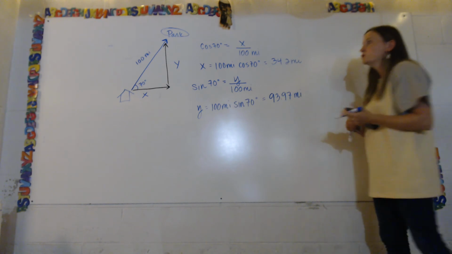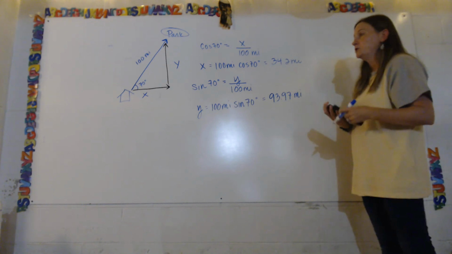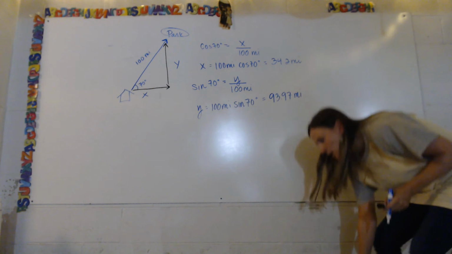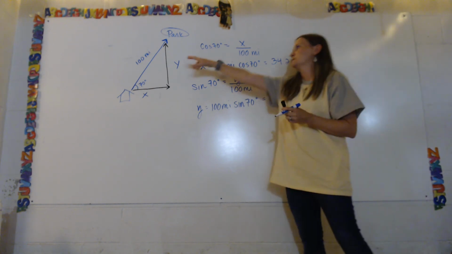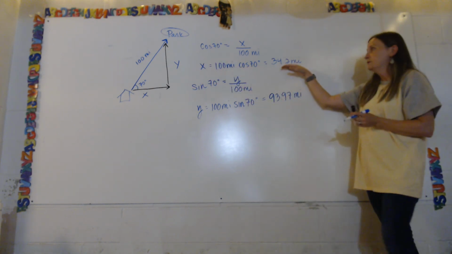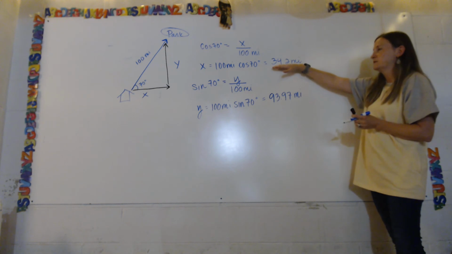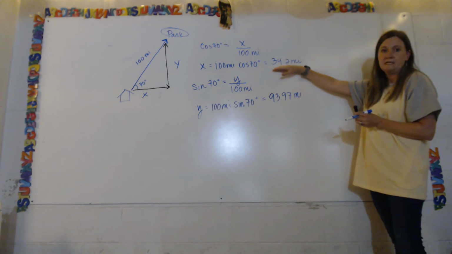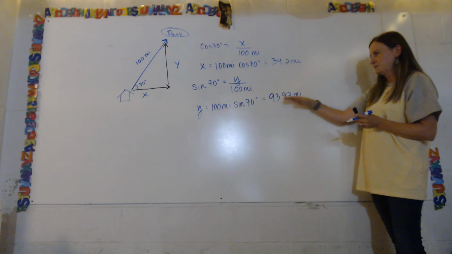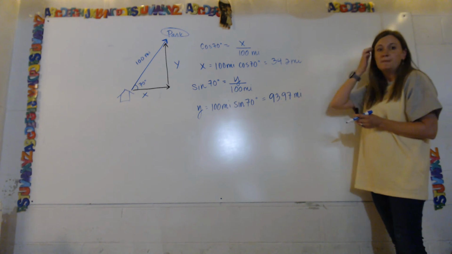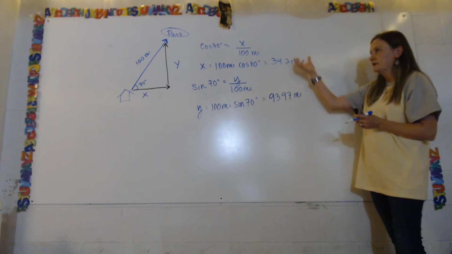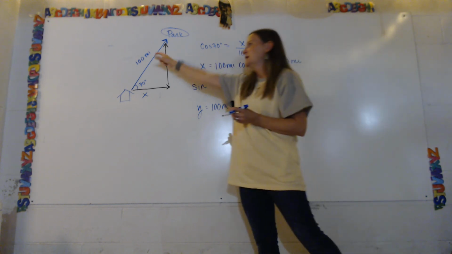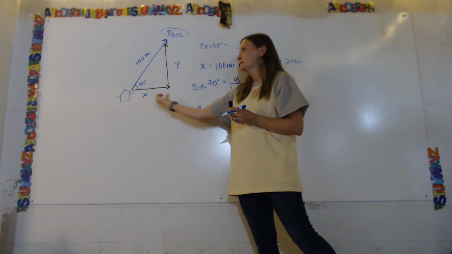Okay? So, going back to our terminology, the components, the pieces of this displacement, are that when I was headed up to that state park in Columbus, I drove 34.2 miles east and about 94 miles north, right? So I can take this total displacement and split it into its pieces, its components.